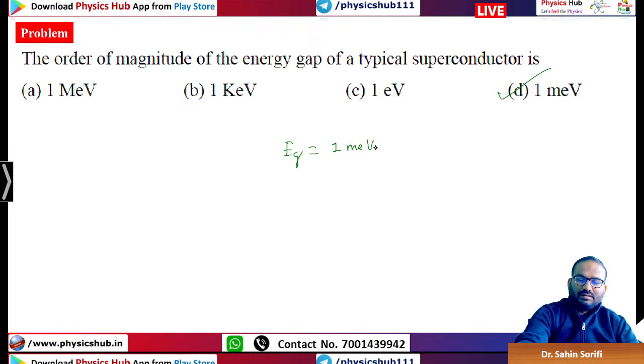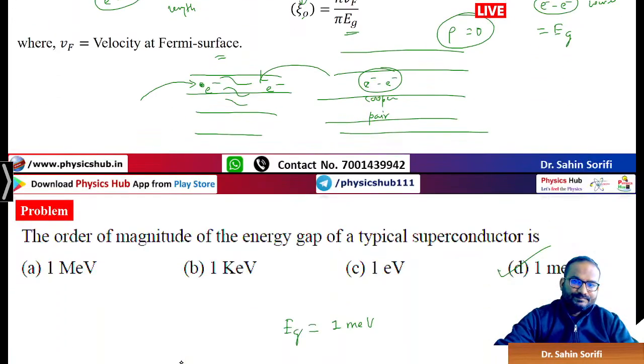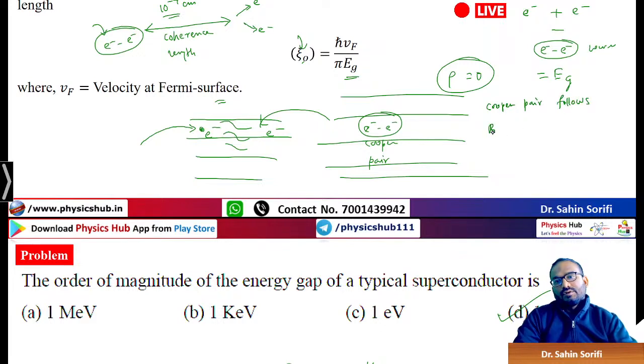Okay, one thing I would like to mention here. Cooper pair follows Bose-Einstein statistics and it has zero spin.